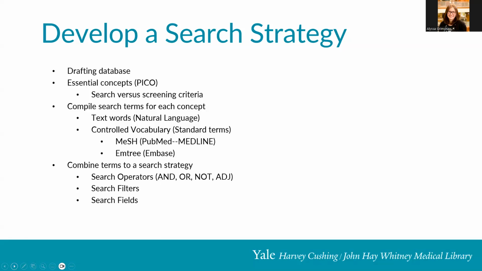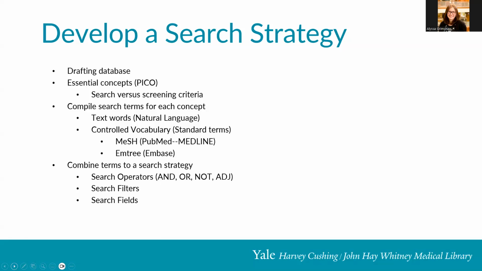So first you pick your drafting database. Then you want to think about your essential concepts, your PICO. And then you want to think about search versus screening criteria. That's that similar idea of what I mentioned before about the outcomes, right? Whether or not it's going to be in that title and abstract. When you're searching a database, you're searching index fields.